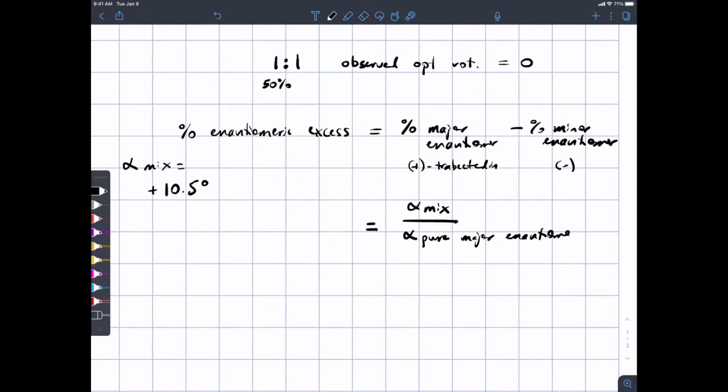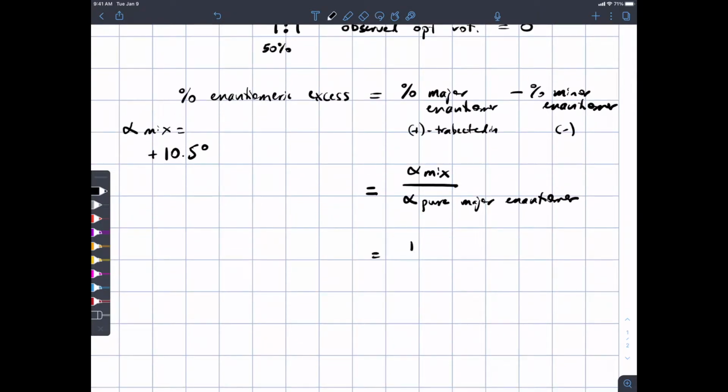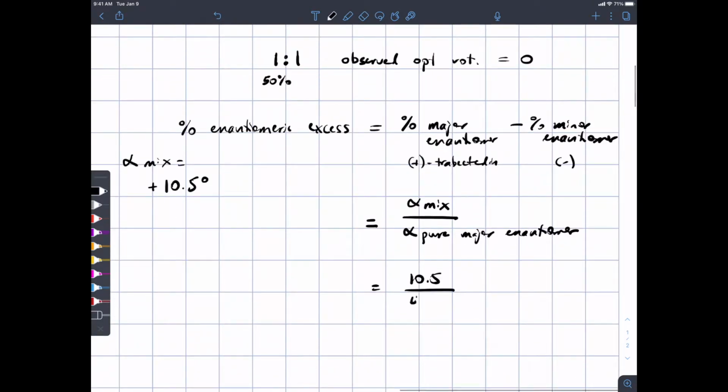So in our case, it's 10.5 divided by 41.5, and now I have to get out my calculator because I can't do that in my head. It's basically 25.3% enantiomeric excess. Oh, I can't actually spell that out, so I'm just going to write percent EE.